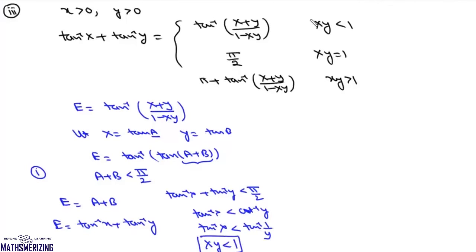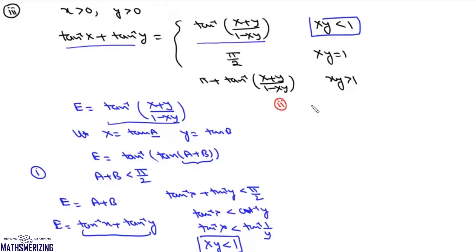So if xy is less than 1, in that case tan inverse x plus tan inverse y will be equal to tan inverse x plus y upon 1 minus xy. Now for the second part, when a plus b is greater than pi by 2, which translates to xy greater than 1.